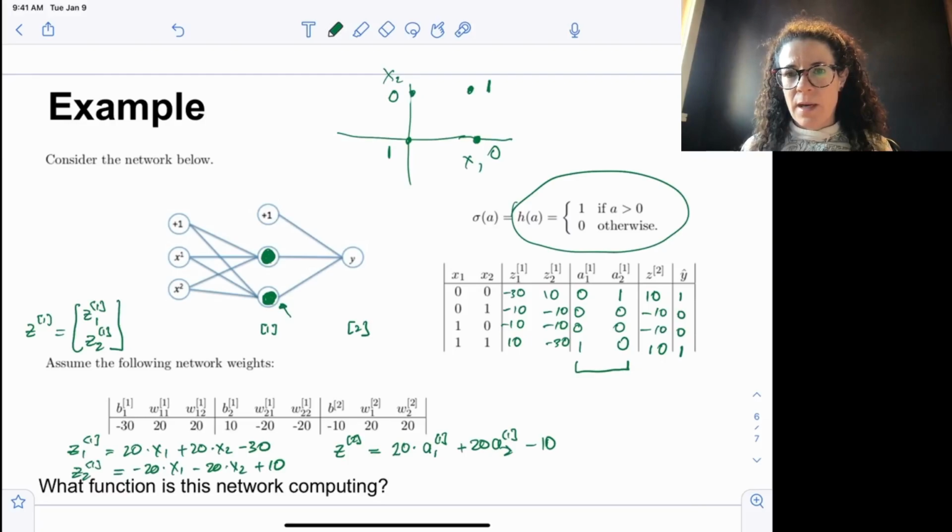Okay, instead of using h and sigma to be this number, you can use h and sigma to be a sigmoid function, and you would get an approximation to this function that we are constructing here. So it's going to be something non-linear in which it's difficult to separate the predictions that are going to get a 0 from the predictions that are going to get a 1.